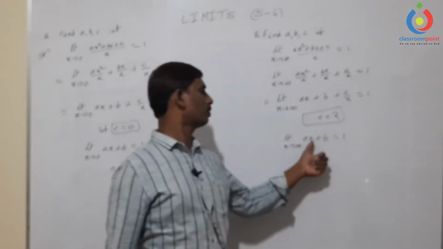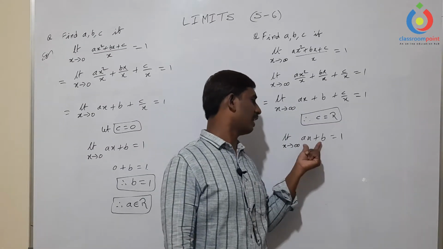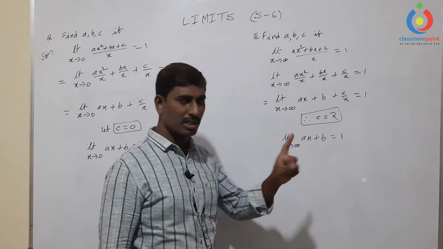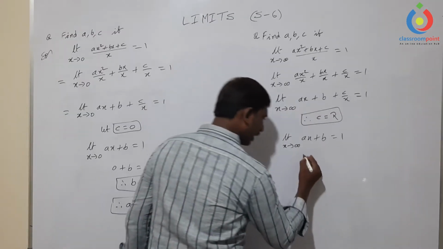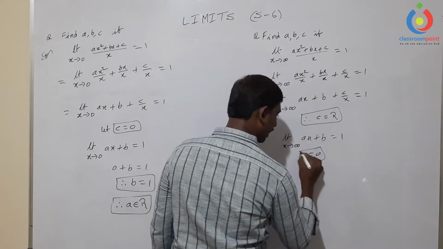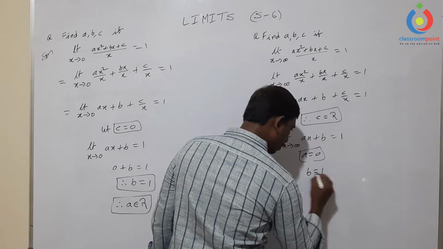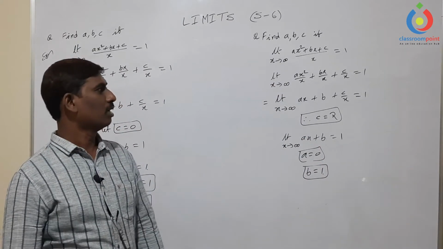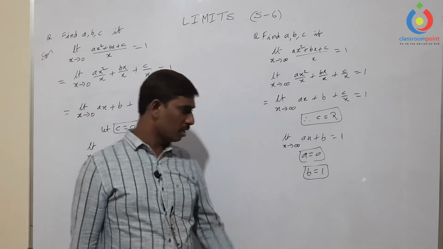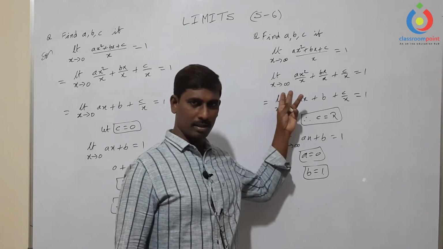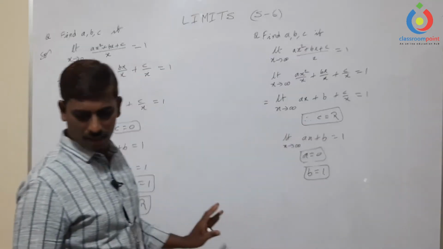Here in the place of x, we take infinity. It is infinite. Infinity plus something is infinite. Then what to do? It must be 0. Automatically then b is equal to 1. This is one of the ways of simplification, if limit is 0, if limit is infinite. This is the calculation. Right?